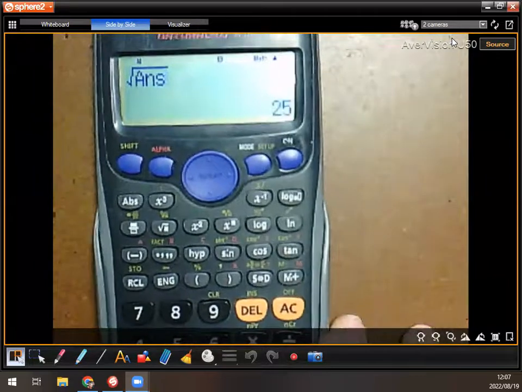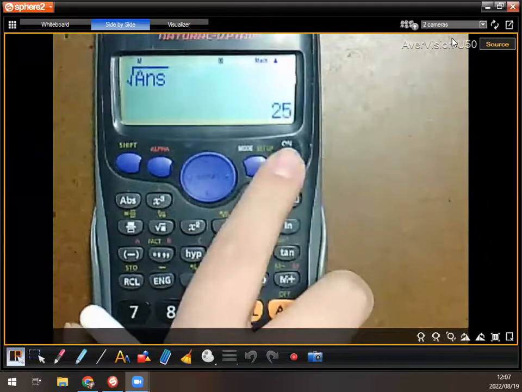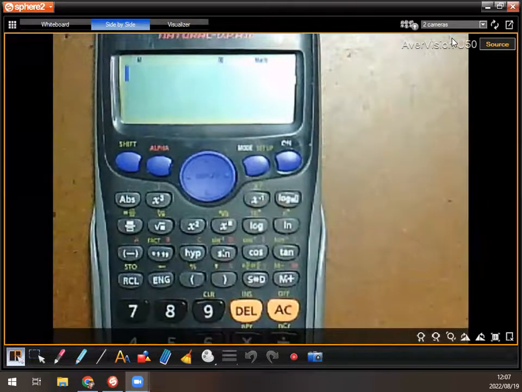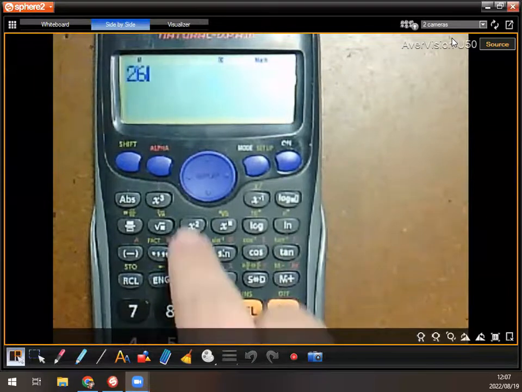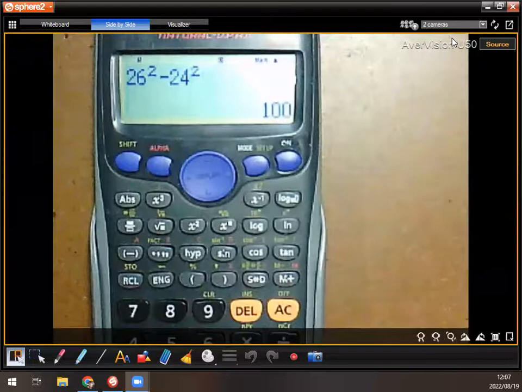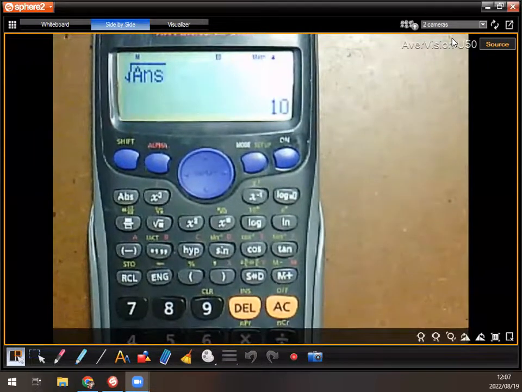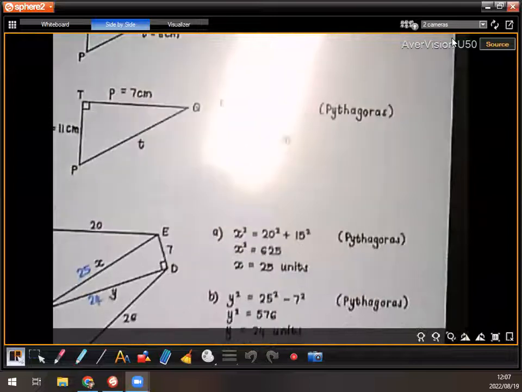If you now press equals, it will give you the square root of 625. For the other one, for getting z, you'll type 26 squared minus 24 squared. That is equal to 100. Square root, answer, equals 10. So hopefully you guys do know that the square root of 100 is 10, but I'm showing you how to use the calculator there.